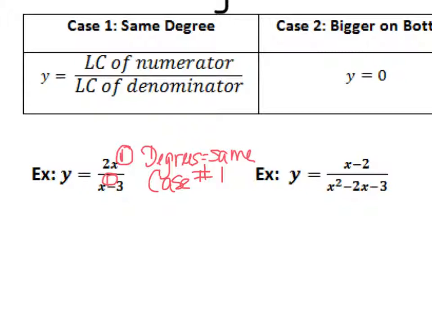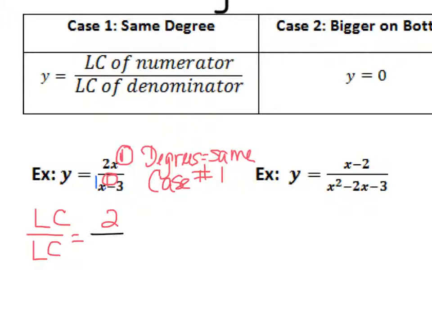Case number 1 says we take the leading coefficient of the numerator and the leading coefficient of the denominator. Well, the leading coefficient of the numerator is 2. The denominator is just an x. Well, we always know there's an invisible 1 there.